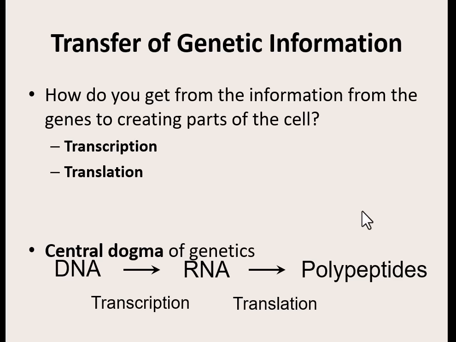But we can still make a copy of pages, meaning I just need to know something from page 87. I can make a copy of just that one page. And that's what transcription is. It's not making an entire copy of the entire DNA, but it's making a copy of just a gene, just one little snippet of information that controls just one thing.